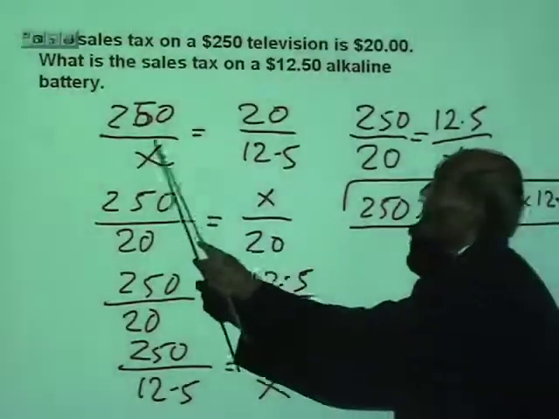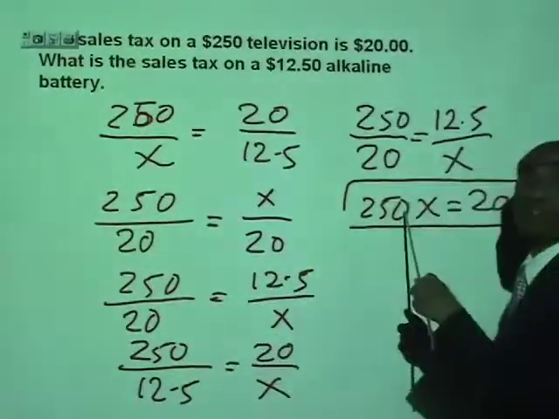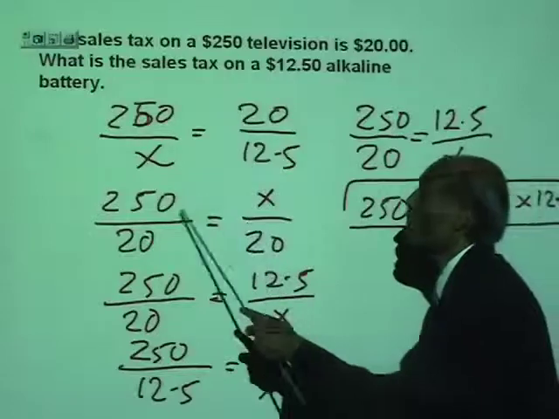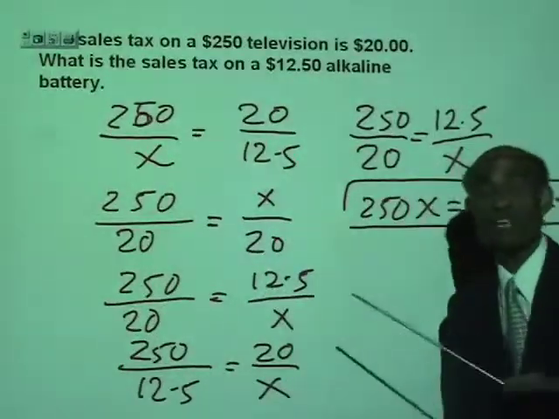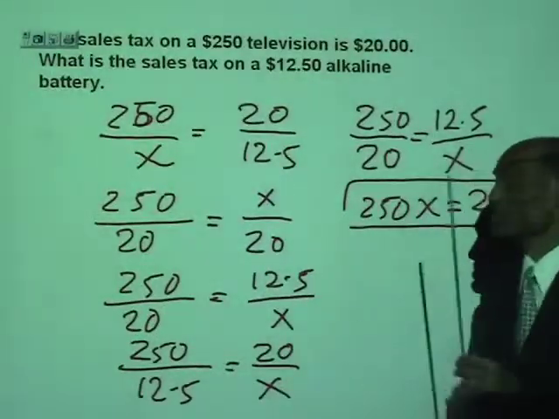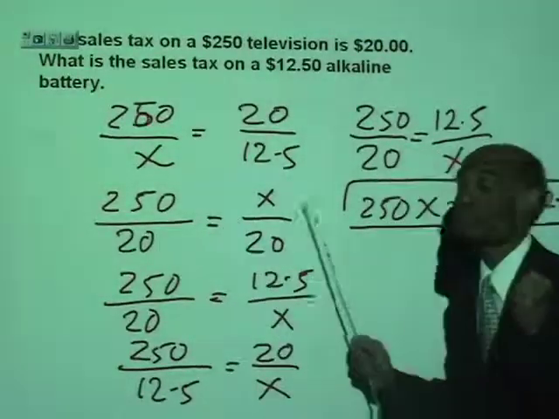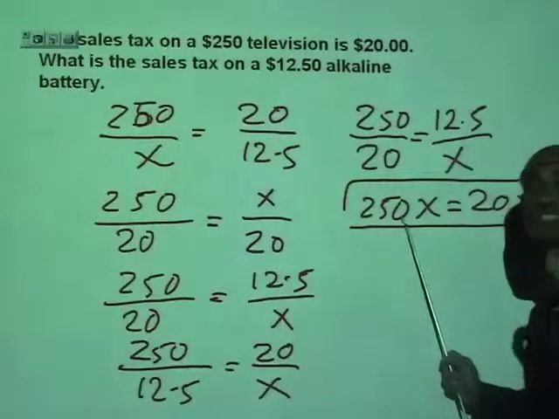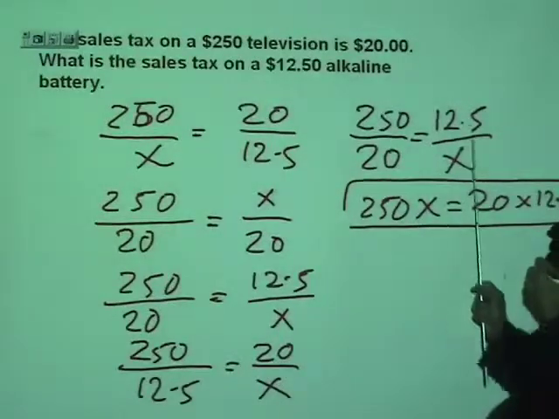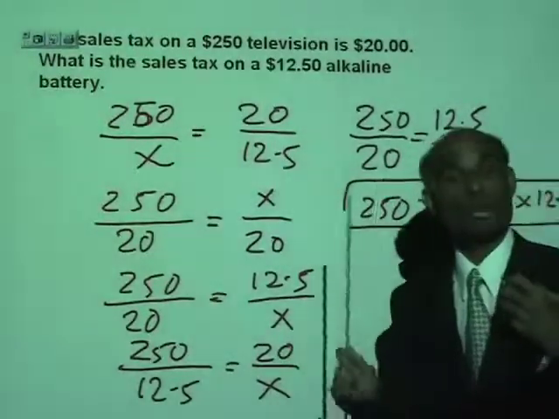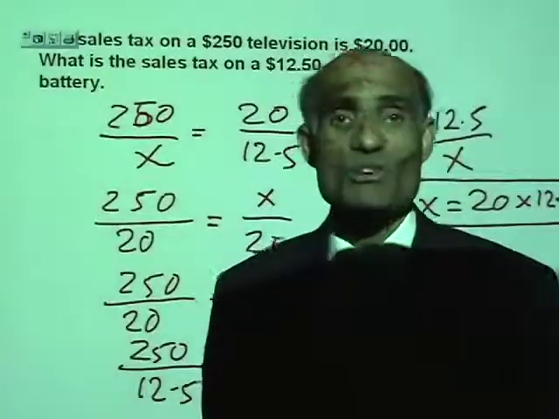Therefore, if any of these is the same as this, then the cross product must be the same. That is the way to check. So check the cross product of each given ratio and see if it gives you the same cross product as the correct ratio. Alright, you must be able to do that on your own.